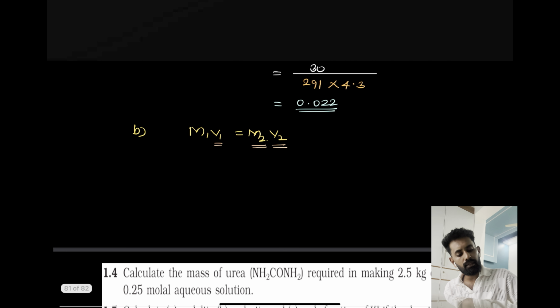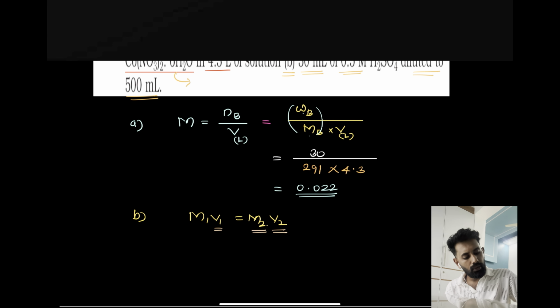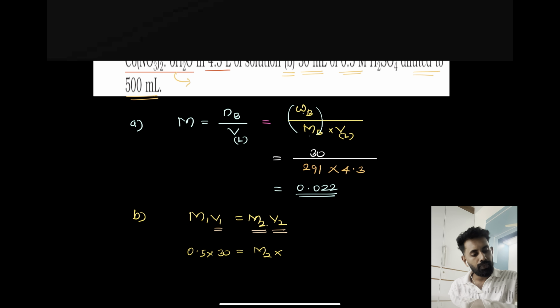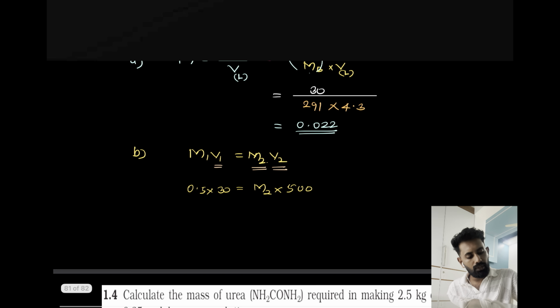Okay, from the data you can easily substitute the values as 0.5 into 30 equal to M2, that is our final molarity, into 500 ml. So after calculations you will get the M2 as 0.03 molar.